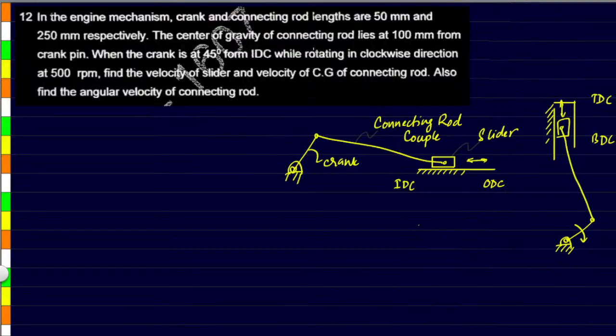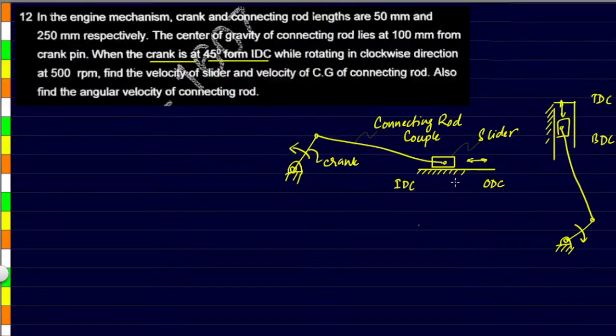Coming back to the question, we have been told that the center of gravity of the connecting rod is 100 mm from... okay, we'll come to that. The position is that the crank is at 45 degrees from the inner dead center, rotating in clockwise direction.